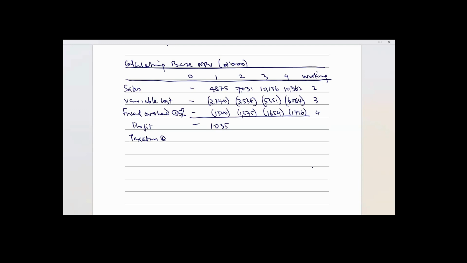Year 4 is 3162. Year 2, 1918. Year 3, 3131. So this represents the profits attributable to the project.